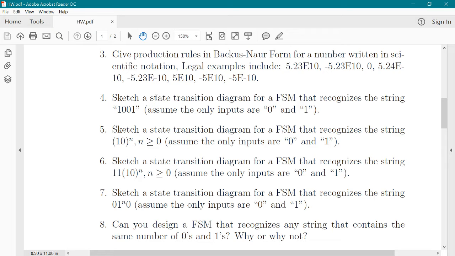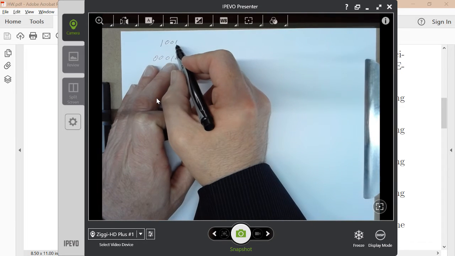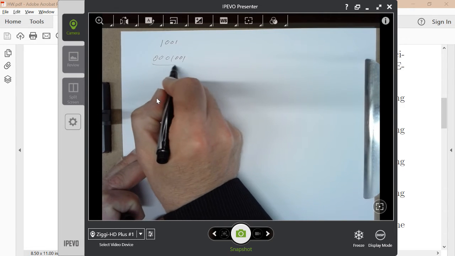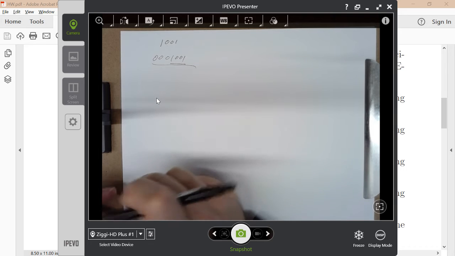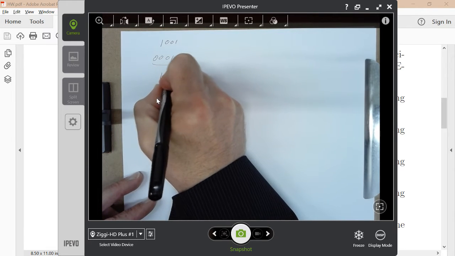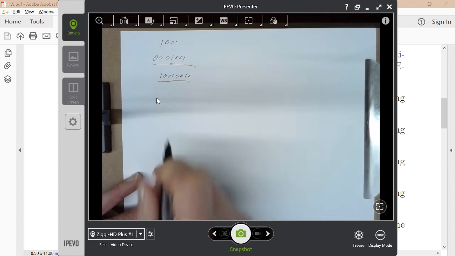When we talk about recognizing a string 1001, there's 2 ways to do this. Certainly, if the input is this, we want to recognize that. If the input is 1001, that's going to be recognized. If the input is something like this, which eventually has a 1001, is that still going to be recognized? And if the input is something like this, which started with a 1001, but then had some extra stuff, is that still going to be recognized?